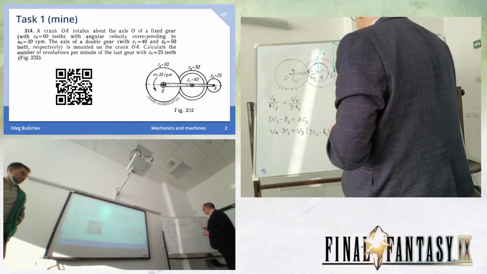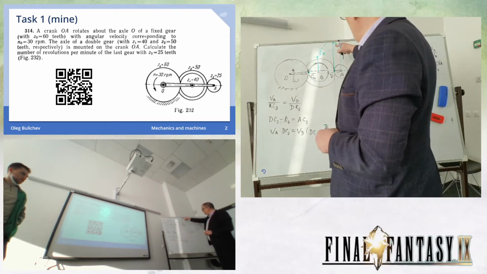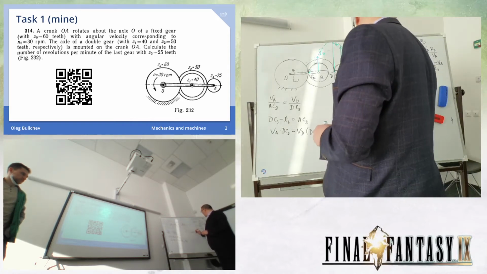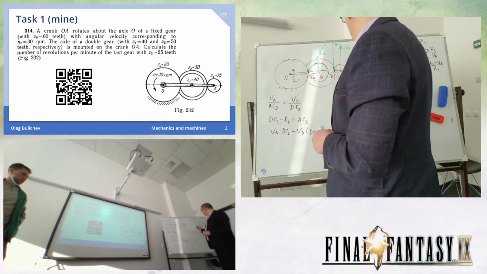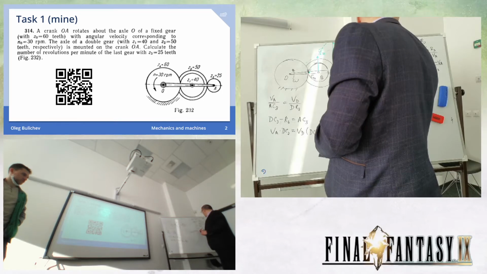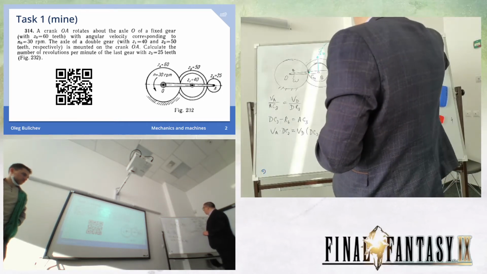Vd is omega 1, 2 multiplied by R1 plus R2, minus Va.